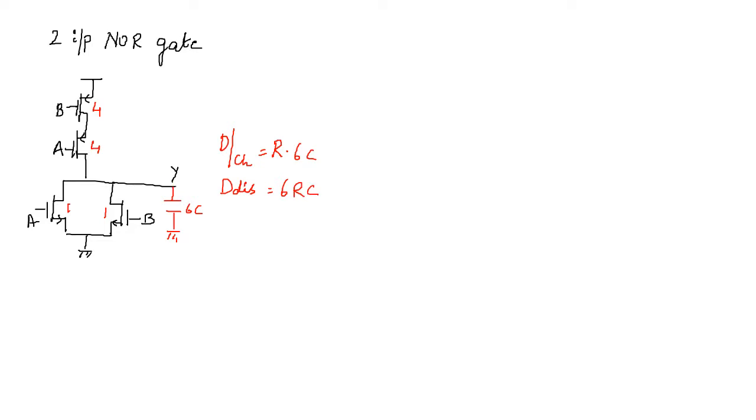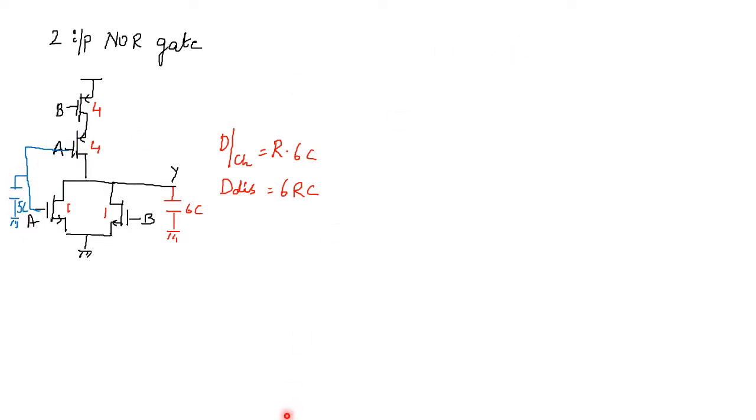Now let's take a look at the input capacitors. The input capacitors are nothing but the input gate capacitors. So the capacitor at this point will be 5C, that is C due to the NMOS and 4C due to the PMOS, which is 5C.